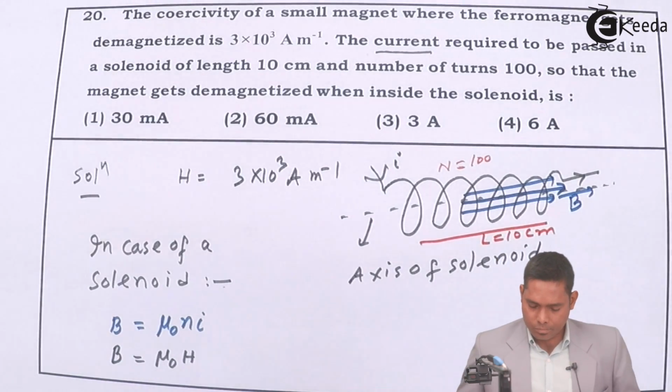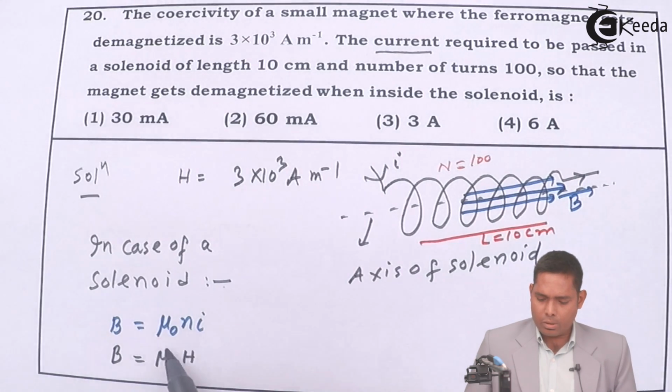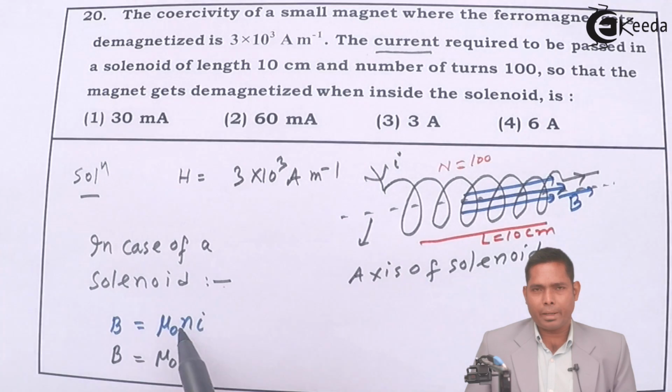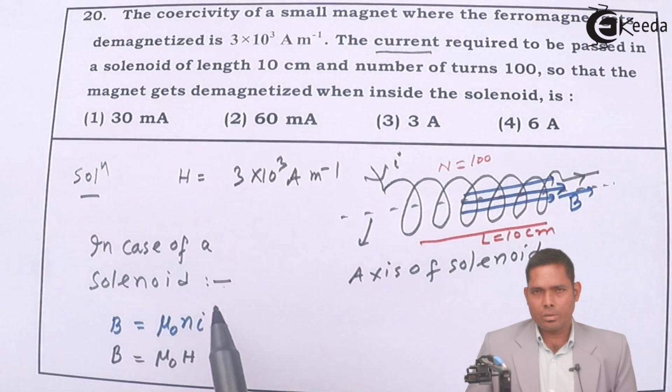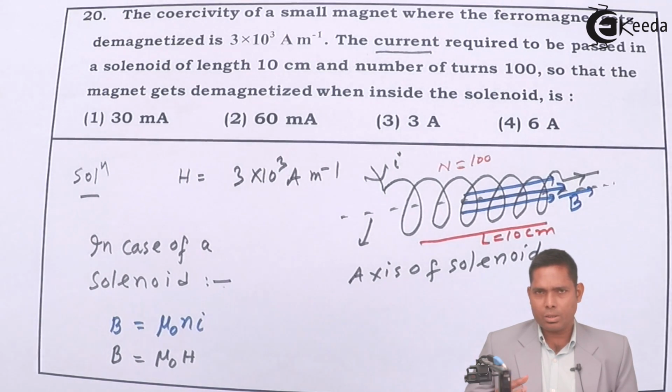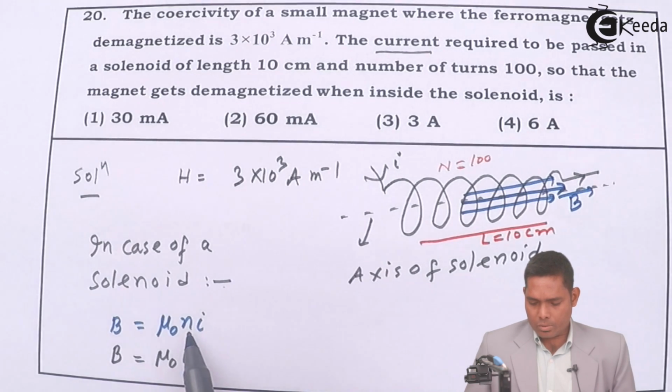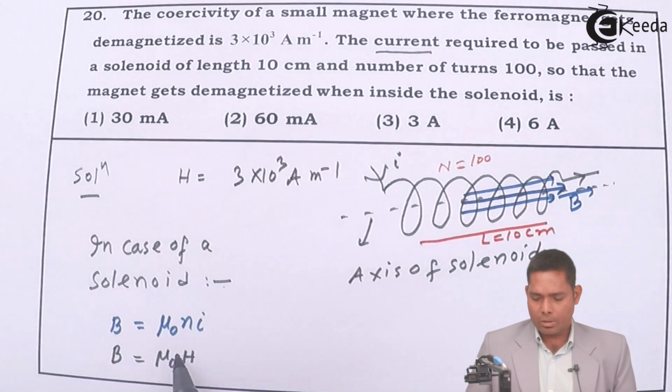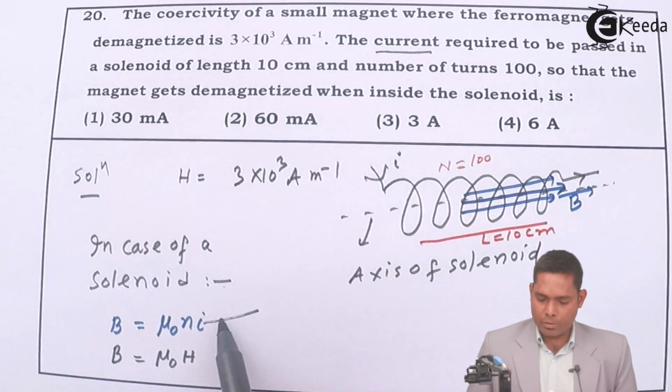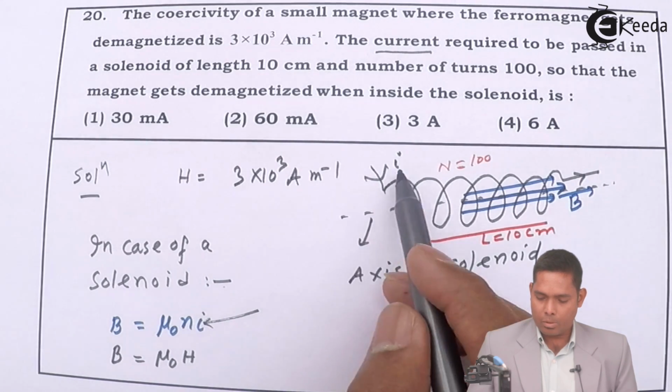This has to be equal, because the magnetized object has to be demagnetized, so the field should be equal. And if I want to have this value of magnetic field, then I have to apply this amount of current, this I amount of current.